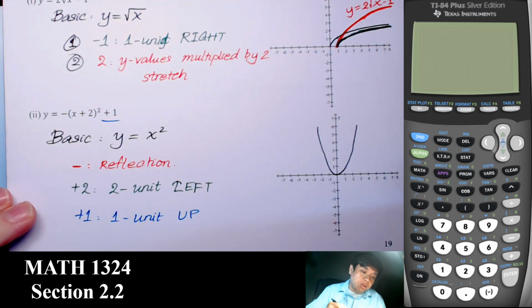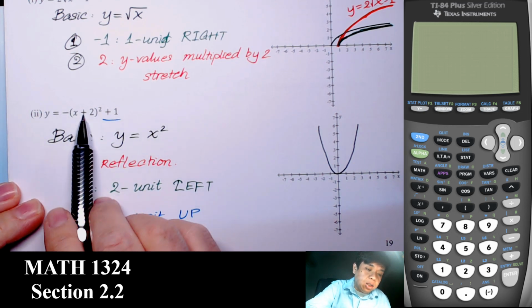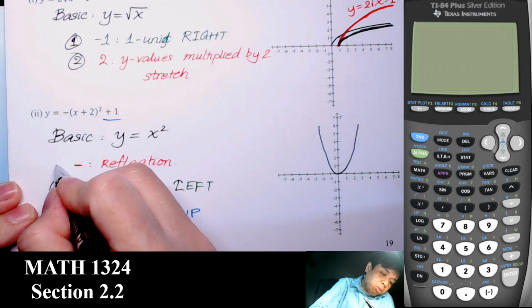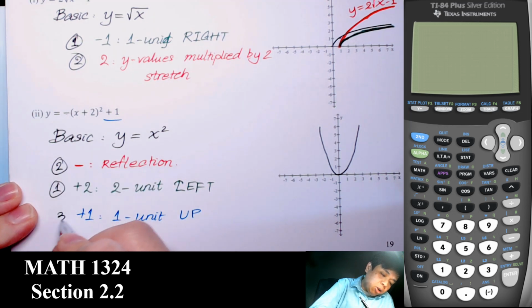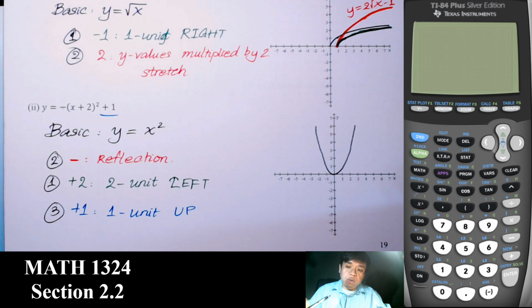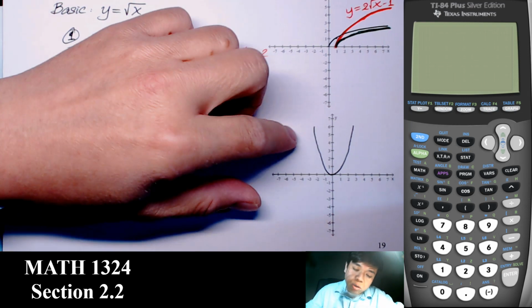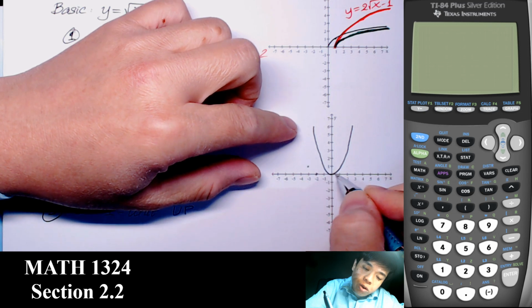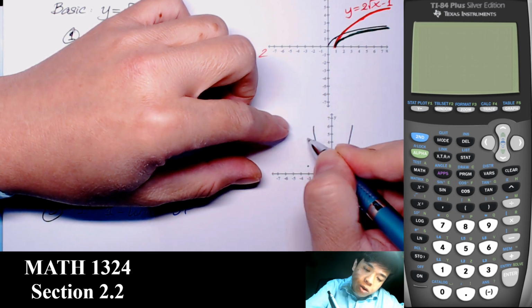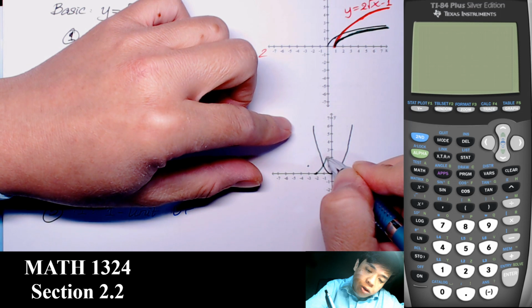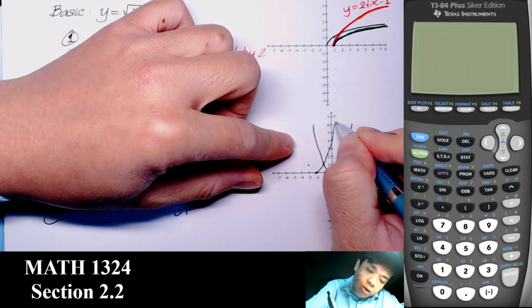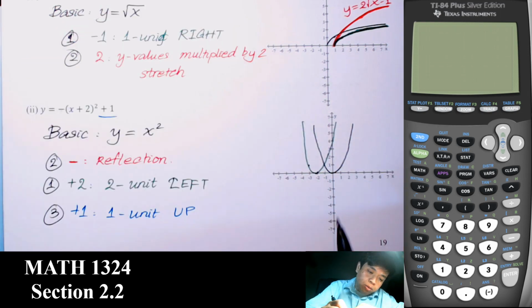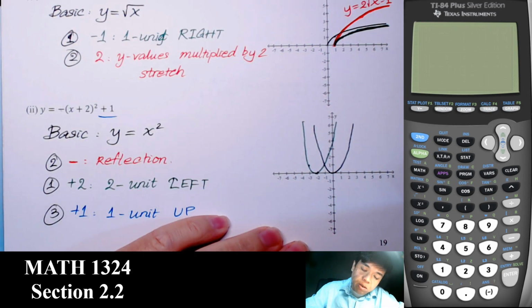Right, so I'm going to mark on that. But next, the order of transformation. Just inside first, and then outside we multiply, divide, and then add or subtract. So that is the order of operation. So first, we move 2 units to the left. 1, 2. And now we reflect, flip it upside down.